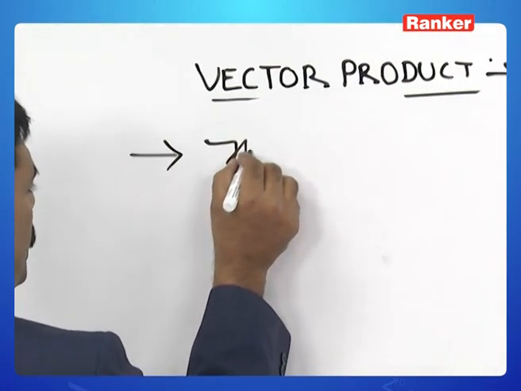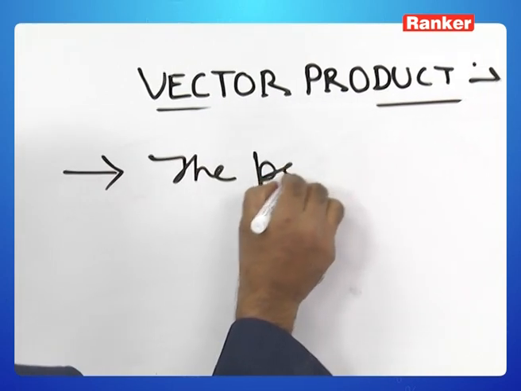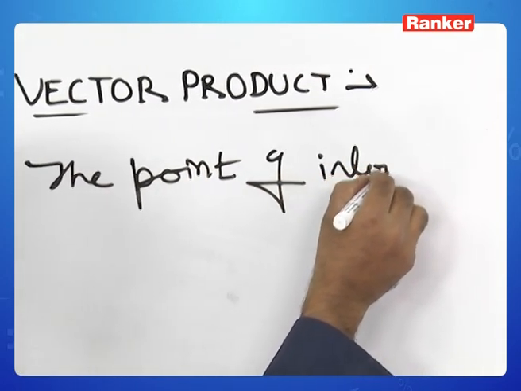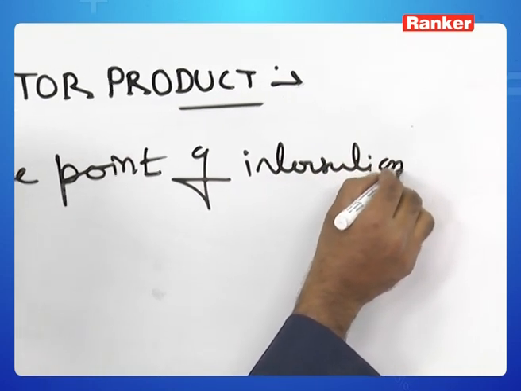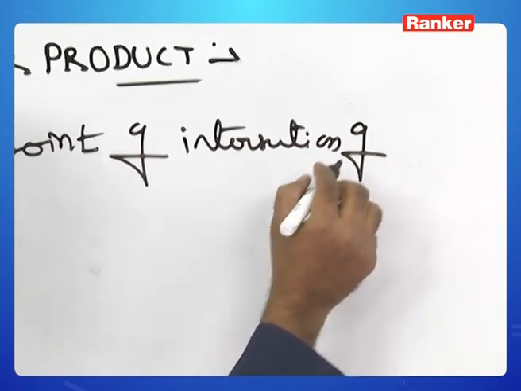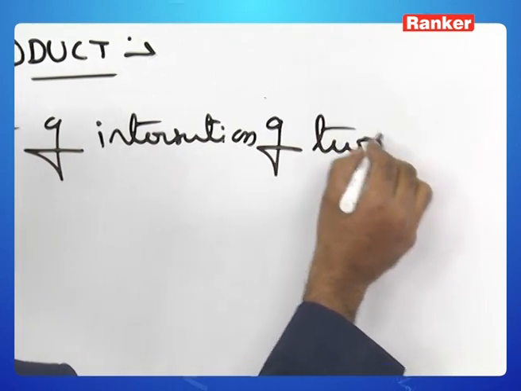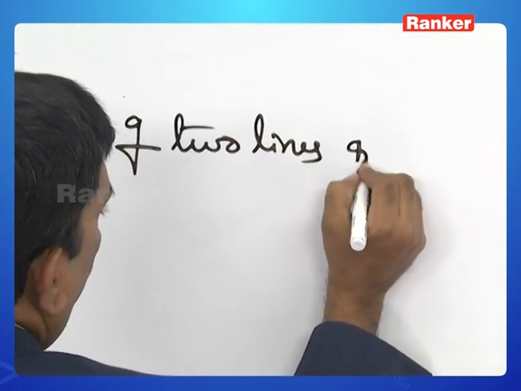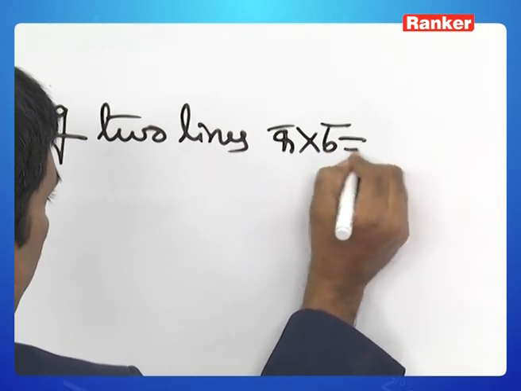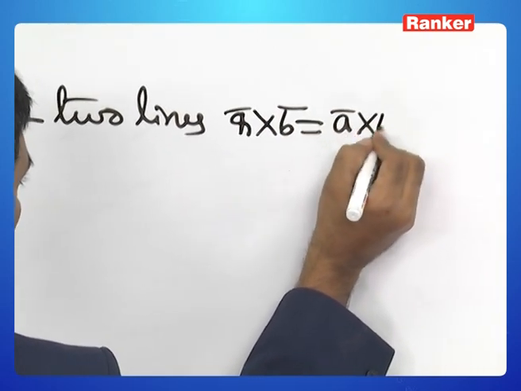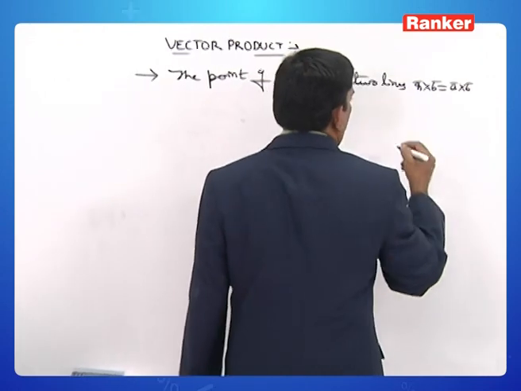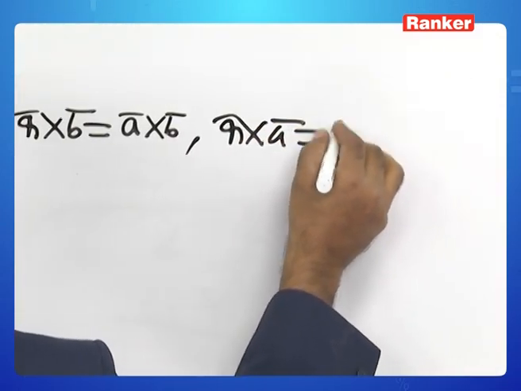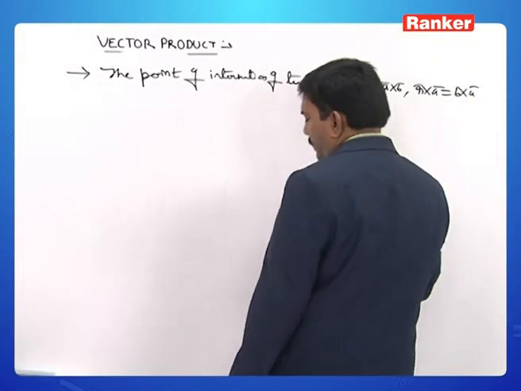The point of intersection of two lines: R bar cross B bar is equal to A bar cross B bar. Next, R bar cross A bar is equal to B bar cross A bar.